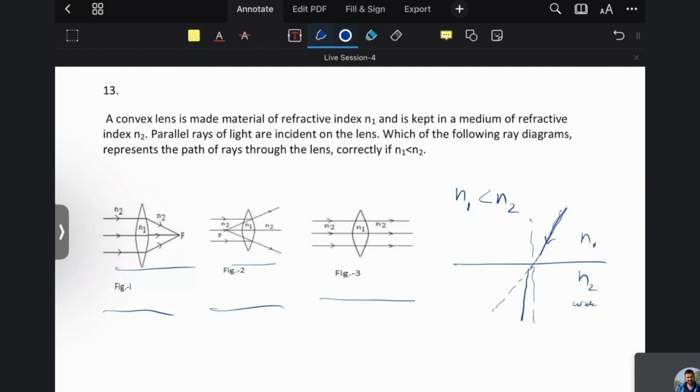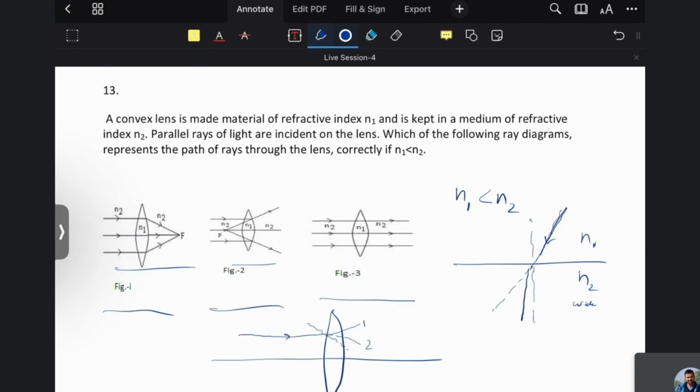So now think about it. Let me draw a diagram. Okay, so suppose this beam is coming, this is the normal. Okay, which direction will it go? Will it go like this or will it go like this? One or two?